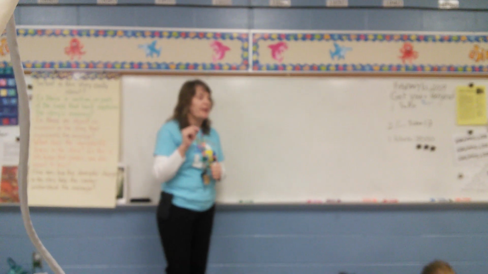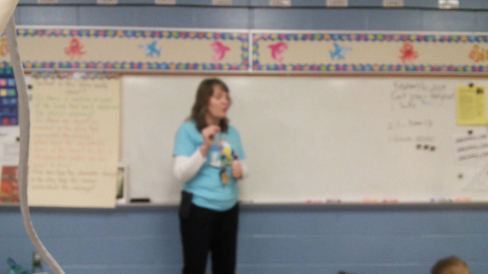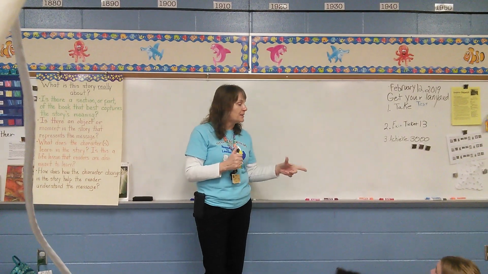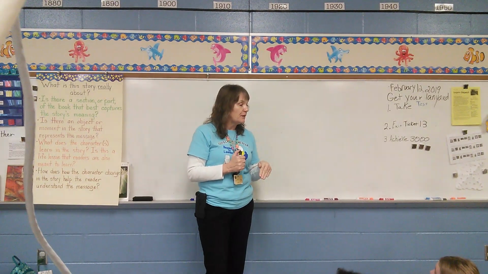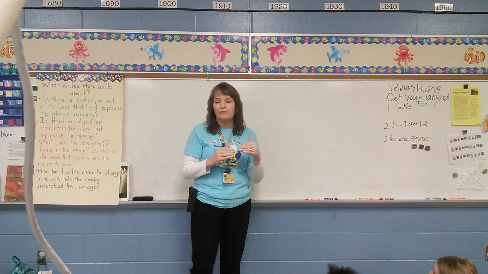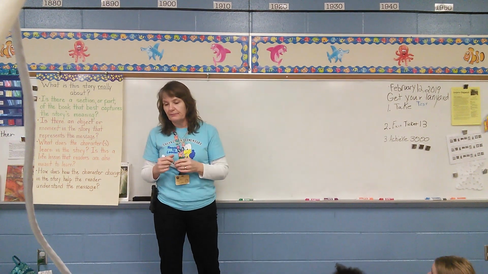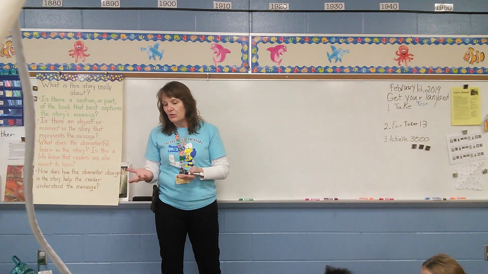So when we were reading our text set, and look down at your text set, you've got it in front of you, you should have been writing in the white space. And the words you wrote in the white space should have been subtopics of somebody's life. So what were some of the words that you wrote in the white space, Lily? School and home.